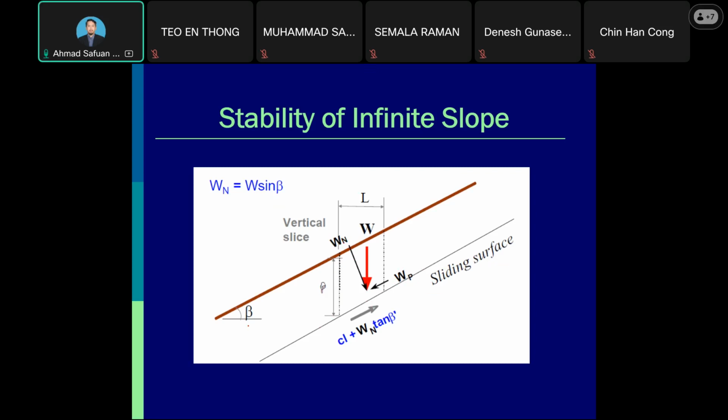Then we have beta, which is the angle of the slope. For the resistance force, we have here CL plus WN tangent beta.